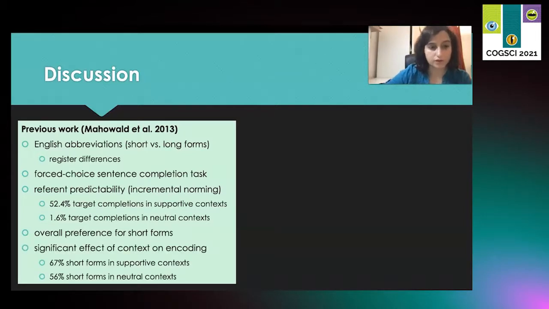There is an overall preference for short forms and a significant effect of context on encoding. Short forms were chosen 67% of the time in supportive contexts and 56% of the time in neutral contexts.